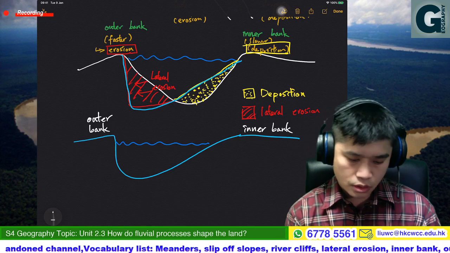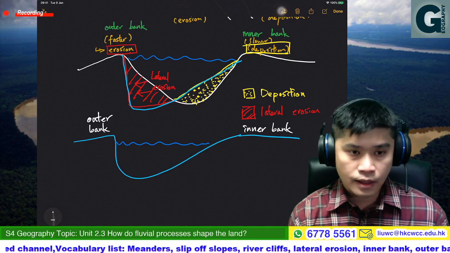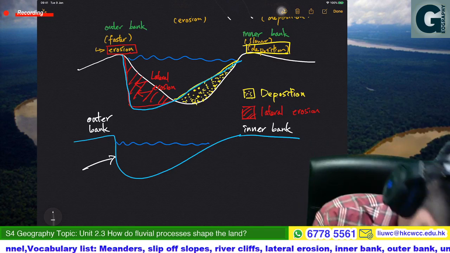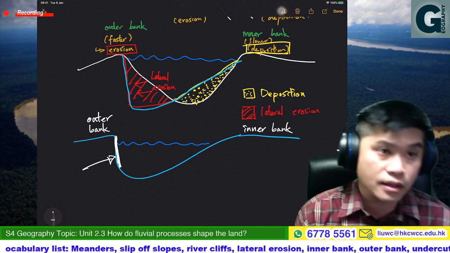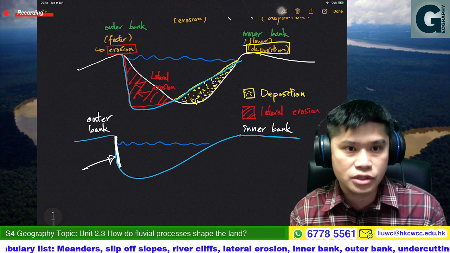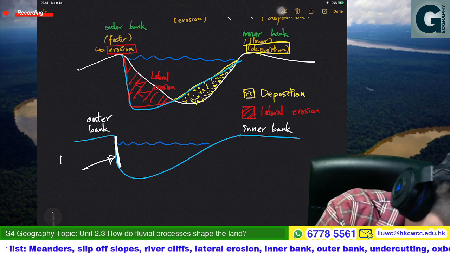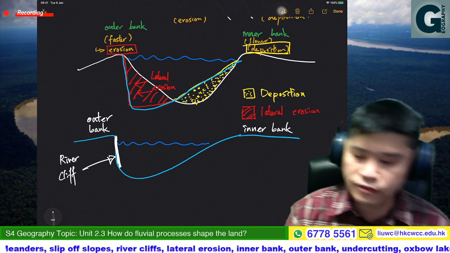Then how do we call these features? On the outer bank here, that is what we have just mentioned in the textbook. That is called the river cliff.